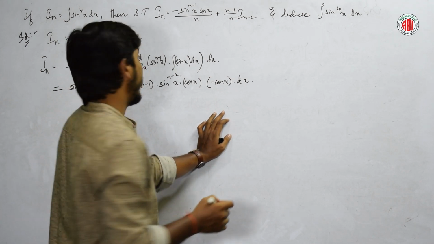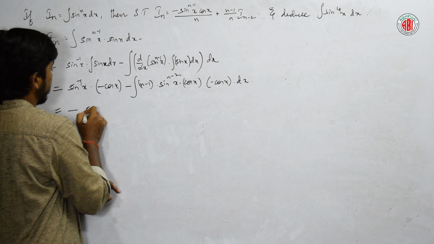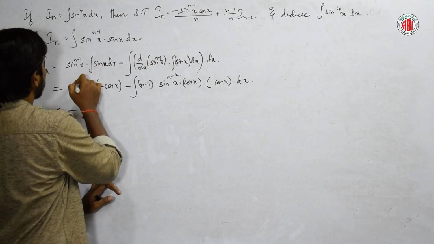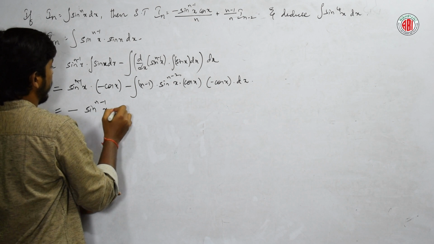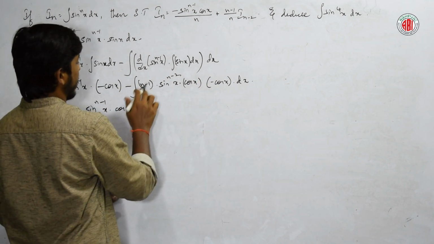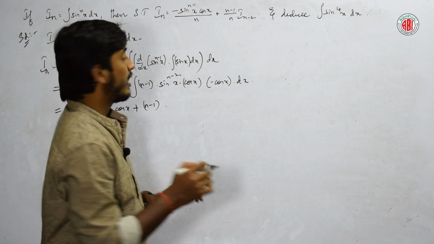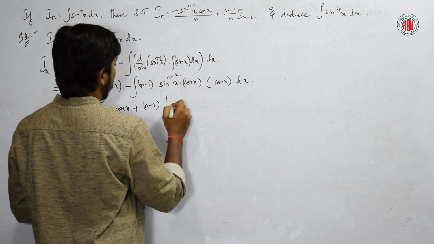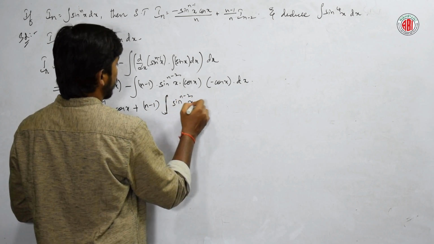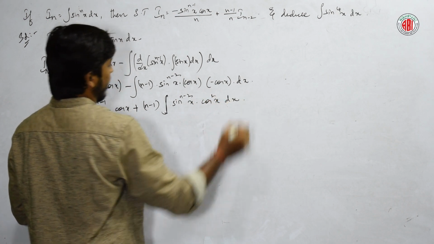Right? Shall we simplify now? So, we will get minus sin power n minus 1 x into cos x, and minus minus becomes plus, let us take n minus 1 common. Clear? So, we will get the integral of sin power n minus 2 x into cos square x dx.